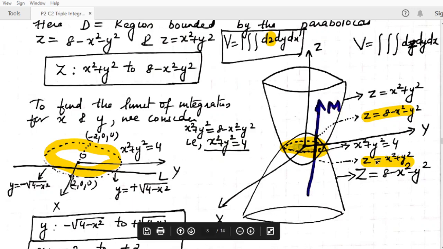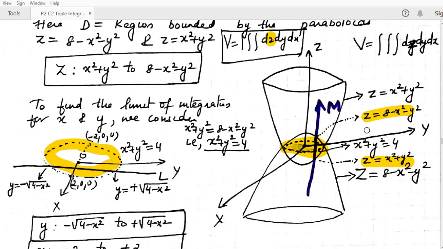So we have to find that point of intersection by solving these two equations. Our first equation is 8 minus x square minus y square equal to z, and the other is x square plus y square equal to z. On both equations the left side is z, so if we put the value of z from one equation into the other, we get x square plus y square equal to 8 minus x square minus y square.